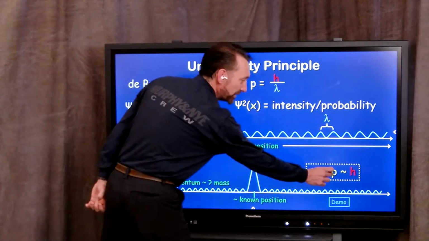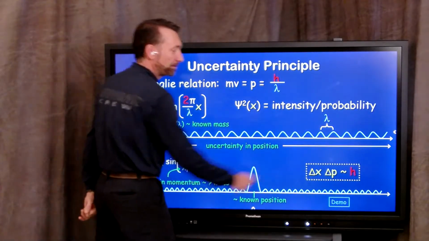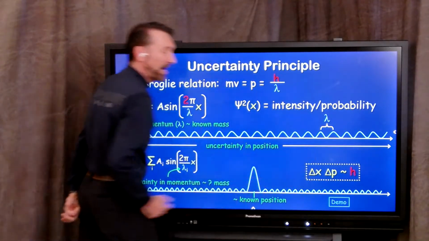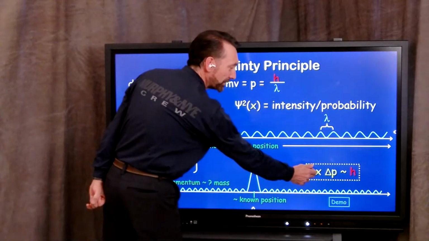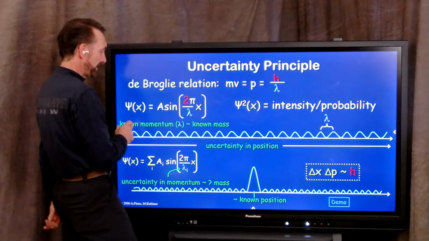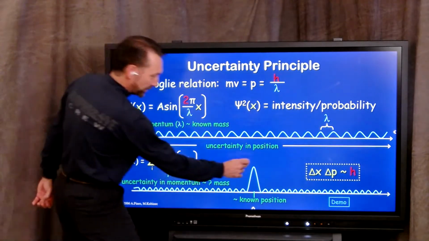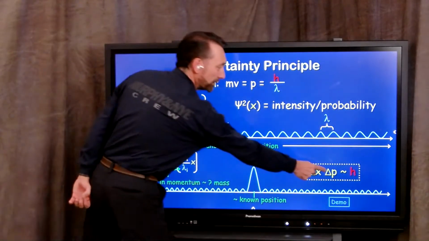So how much I know about the momentum is related to how much I know about the position. Here it is: the more I know about the position, the less I know about the momentum.